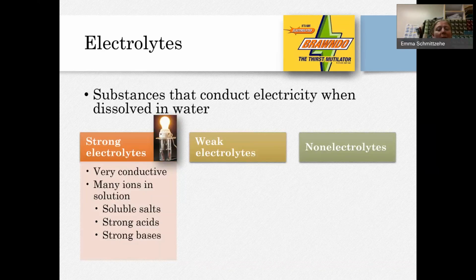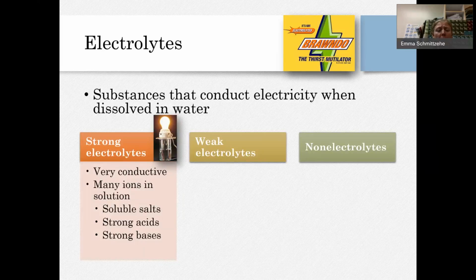So if you have a strong electrolyte, that means that that substance, when it's dissolved in water, produces a lot of ions, okay? And typically those ions come from that compound, whatever it is that you put into water, splitting up into ions, whether it's ionizing or dissociating. Depends on what kind of substance you're starting with.